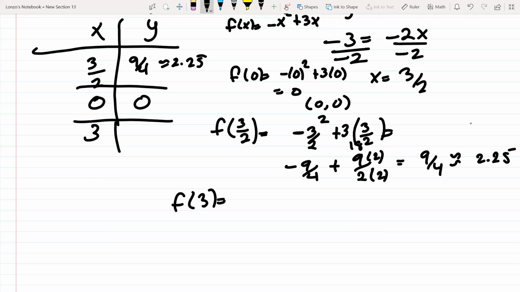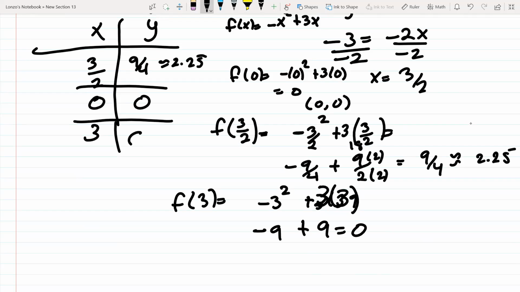And then let's plug in what the y value is when the x value is 3. If you plug in 3, you get negative 3 squared plus 3 times 3. That's negative 9, and then 3 times 3 is 9, so that's 0. So you'll have a y value of 0.